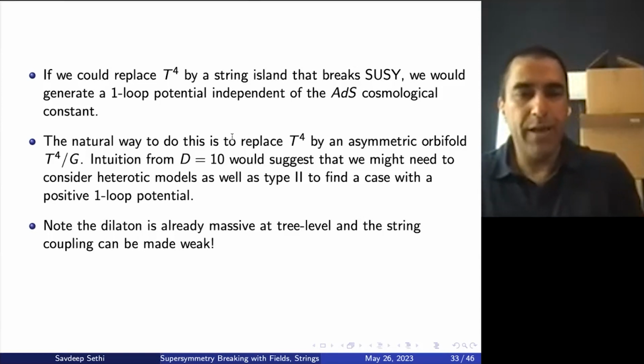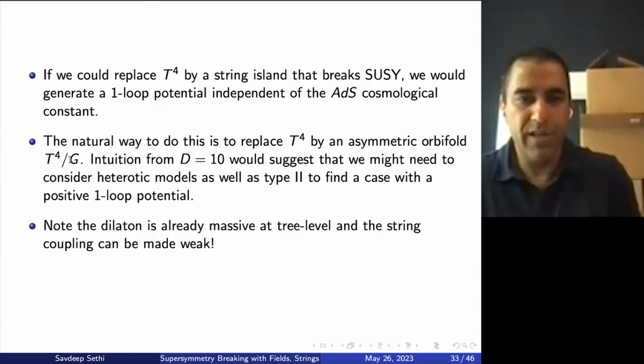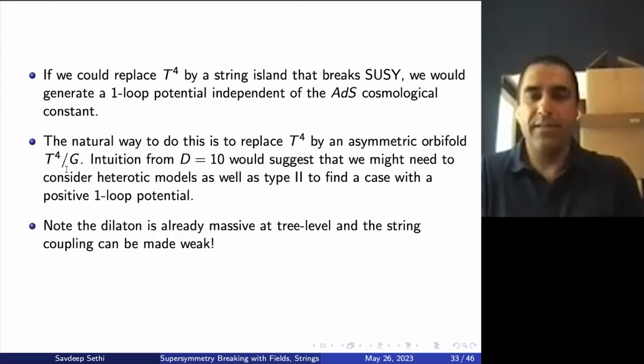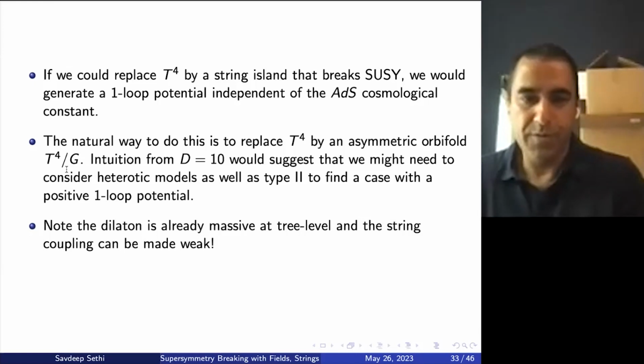Such a quotient was found by Dabholkar and Harvey in the past, but it preserved a lot of supersymmetry, actually half the supersymmetry, roughly the same as a K3, but it had no moduli. We've actually tried to find an island of this type that breaks all the supersymmetry and have yet to succeed. Either you generate tachyons or you regenerate gravitinos and supersymmetry from twisted sectors, but it's not ruled out yet.